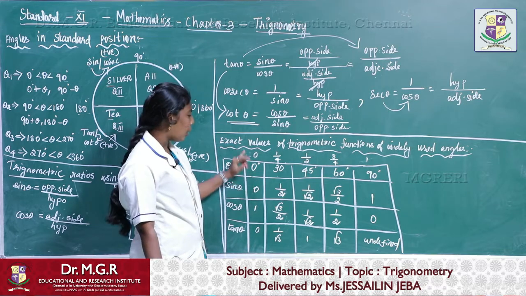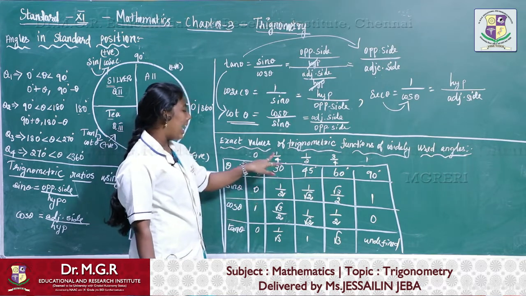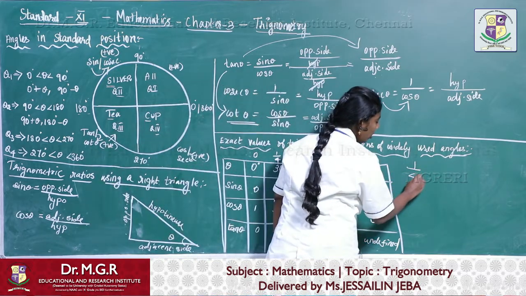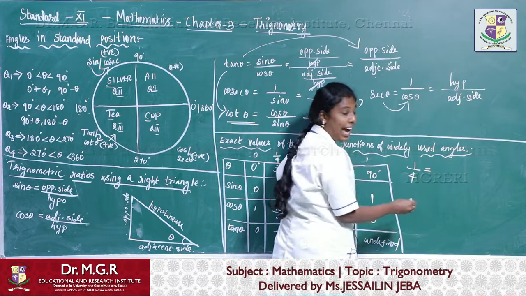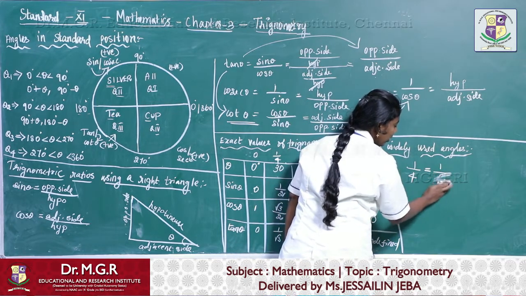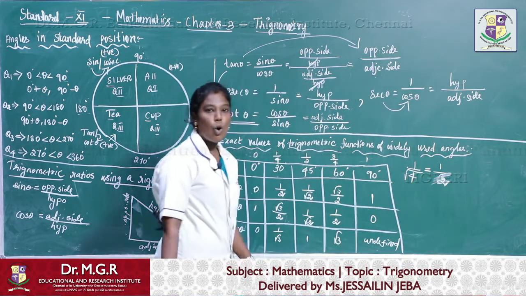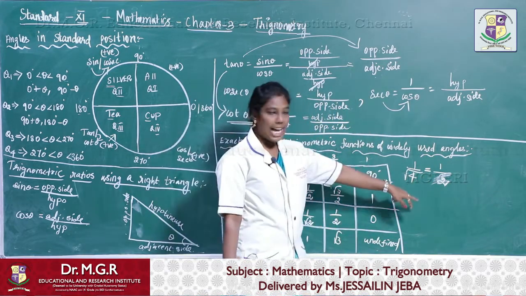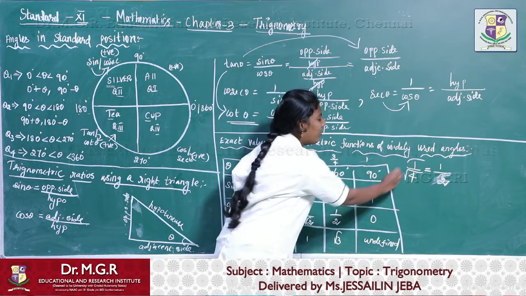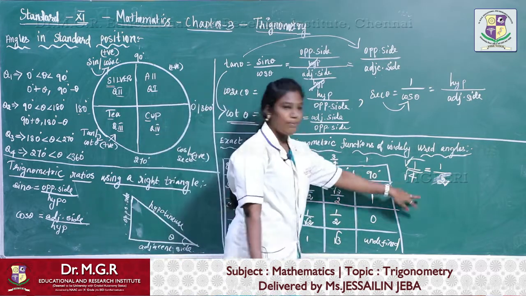Then for 1 by 4, the square root of 4 is 2 and the square root of 1 is 1, so we have 1 by 2.